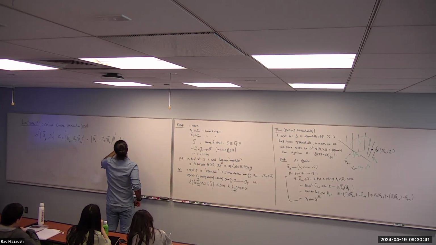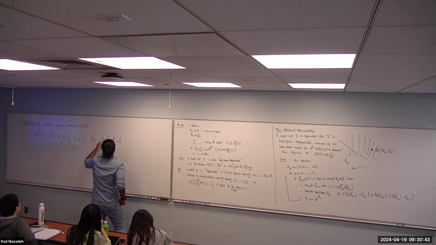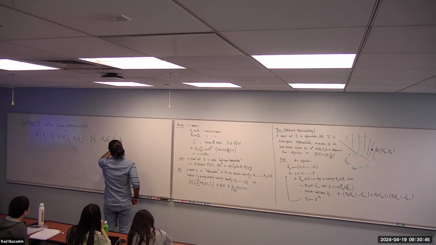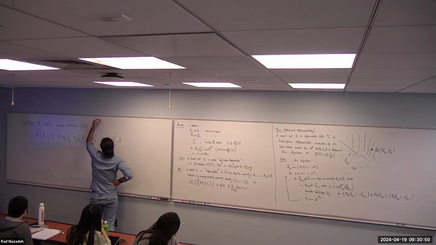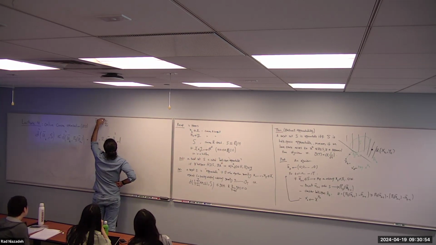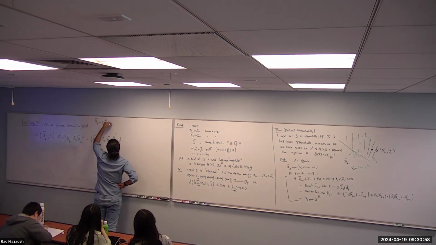Okay, so what's this quantity? I can always write it down in the following way. u bar t is 1 over t times the summation over t prime from 1 to t of u of x t prime, y t prime.